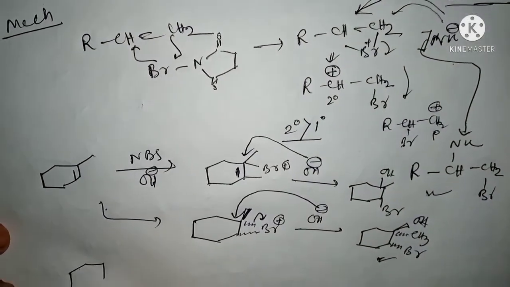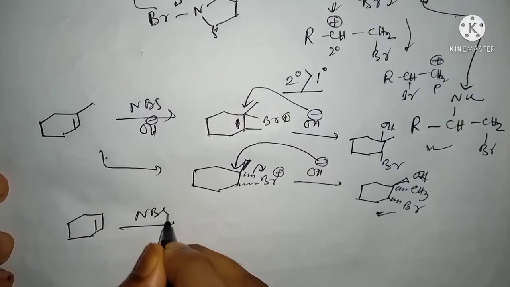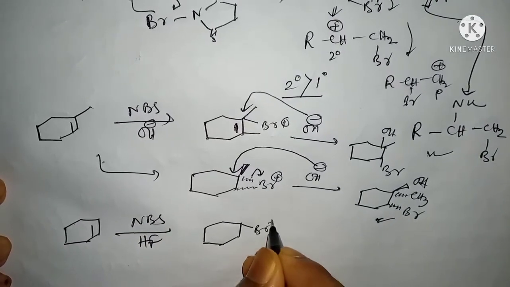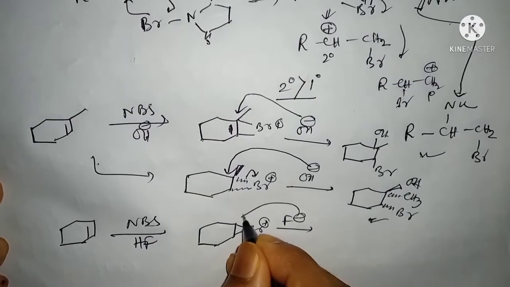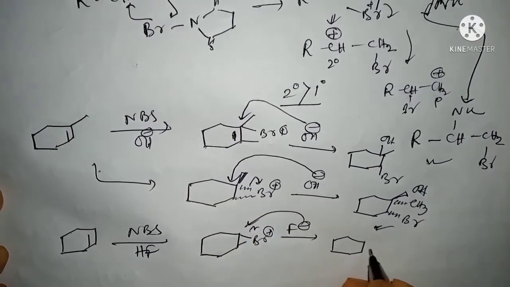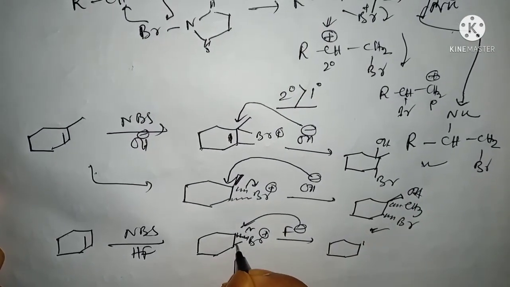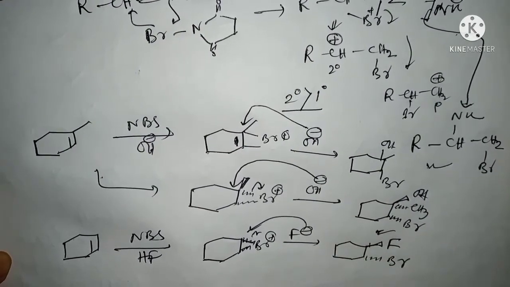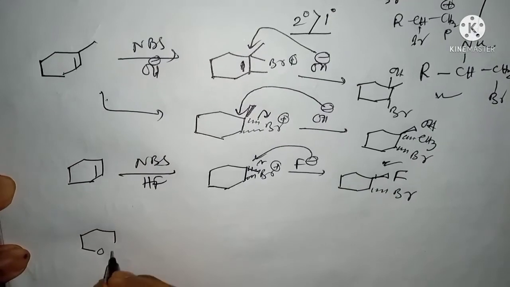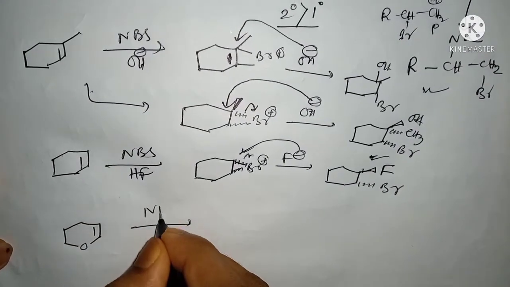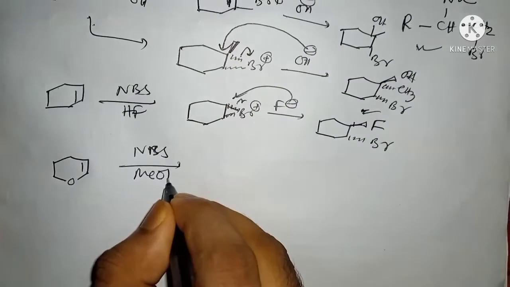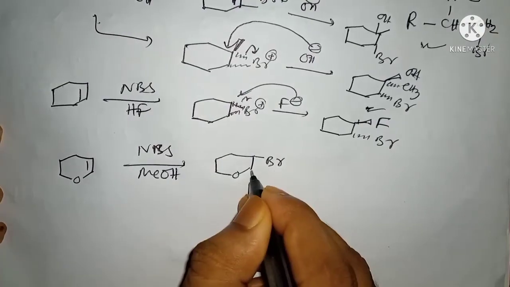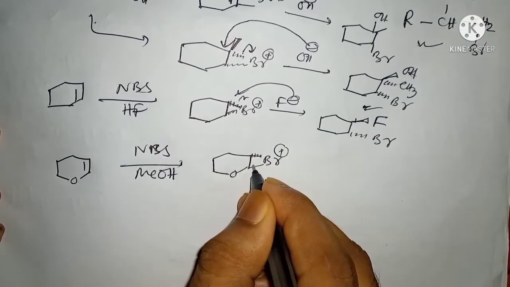Now another reaction, in presence of NBS and HF. First form Br plus, then F minus attacks. Suppose Br is on the below side, so the fluorine attacks from the above side. And another most important example: in presence of NBS and MeOH, first form Br plus, suppose on the below side.